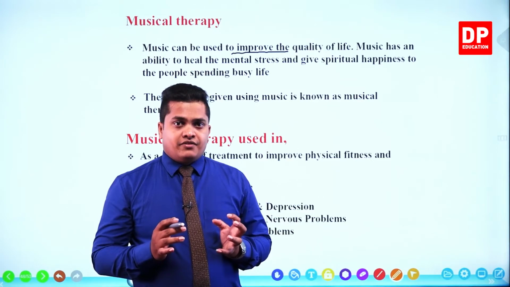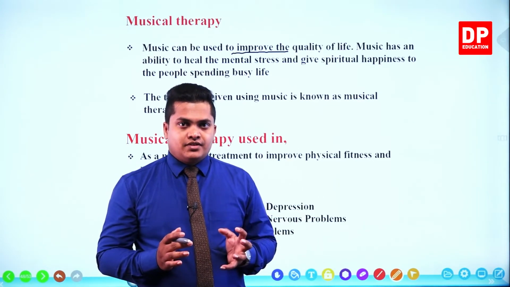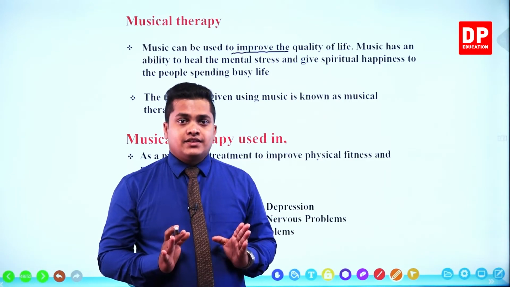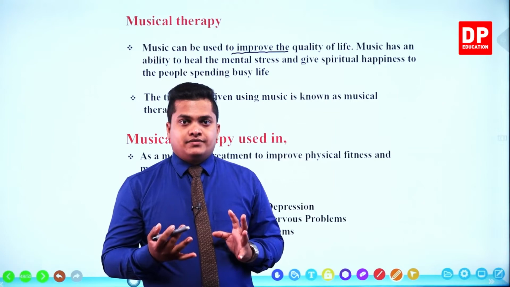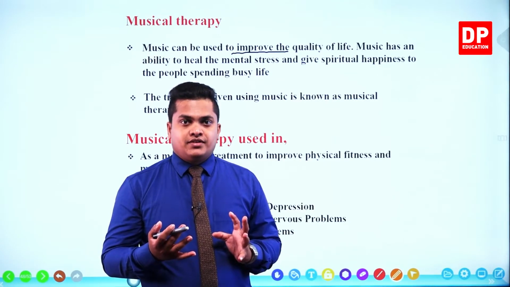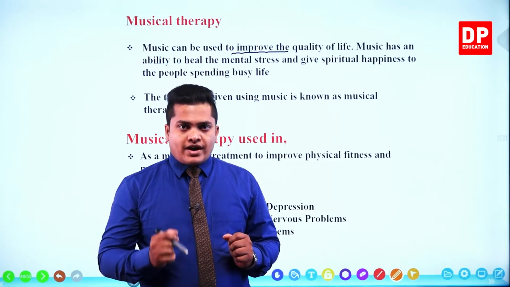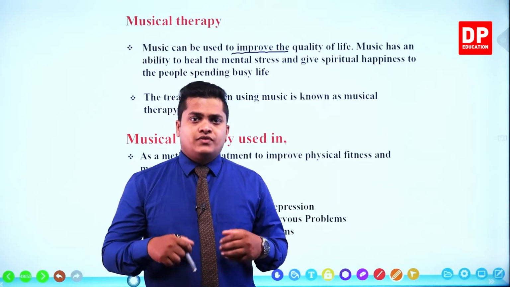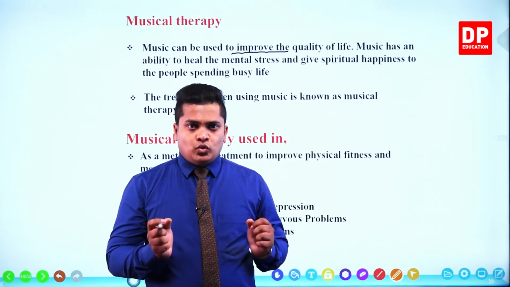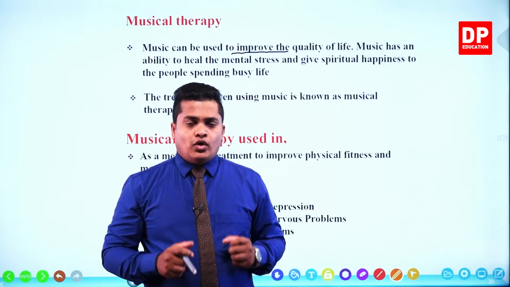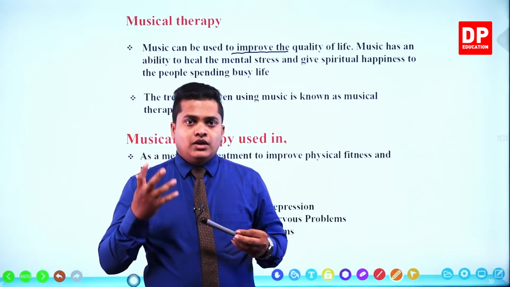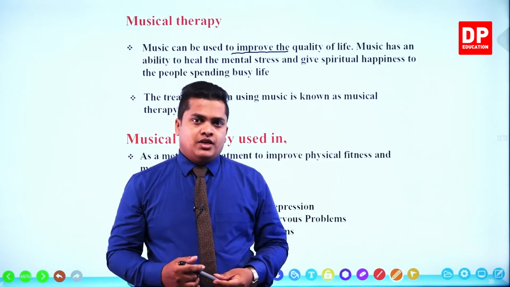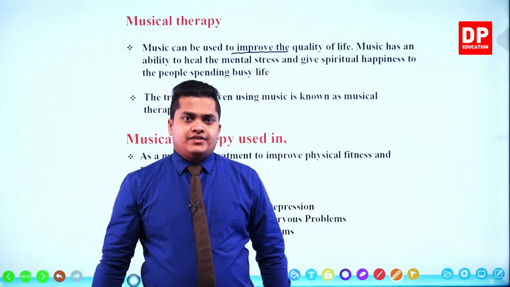If you haven't seen one, we will take an instance like an Olympic event. In Olympic events, most of the runners, I think you have seen, use headphones or earphones. They listen to music before going to their event.